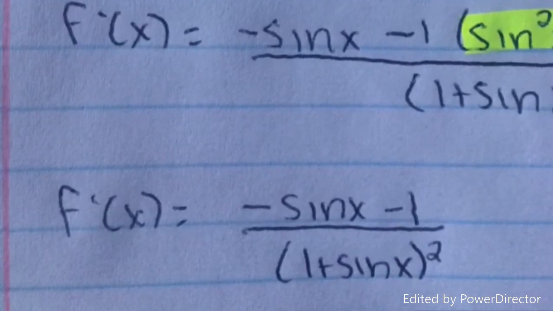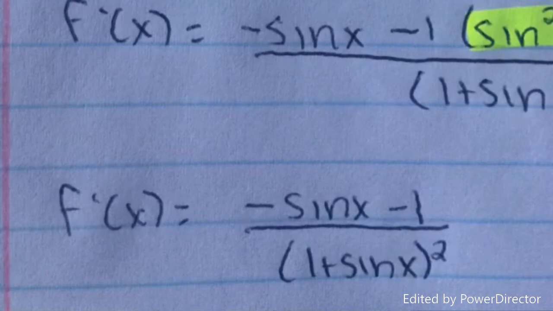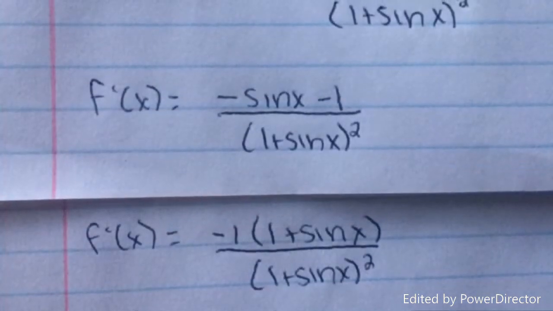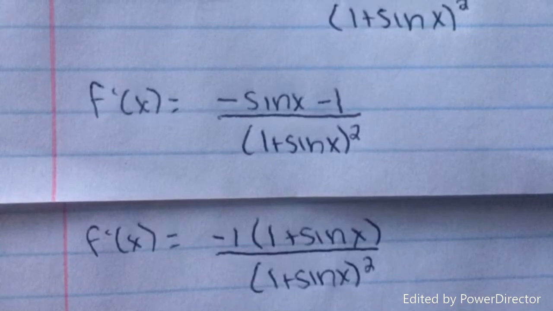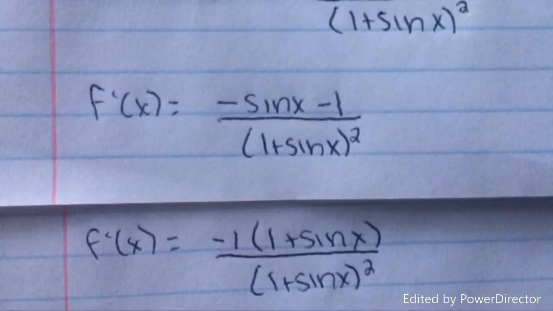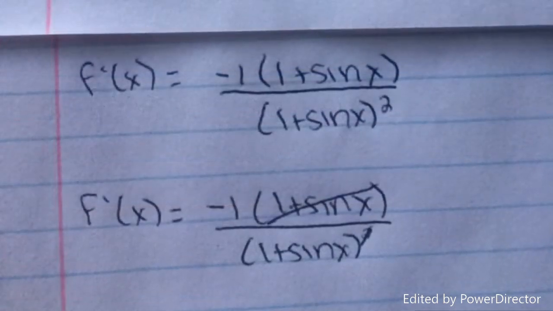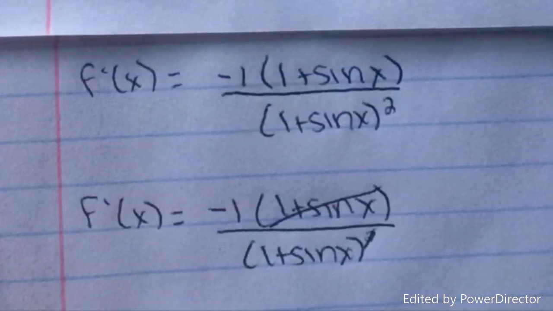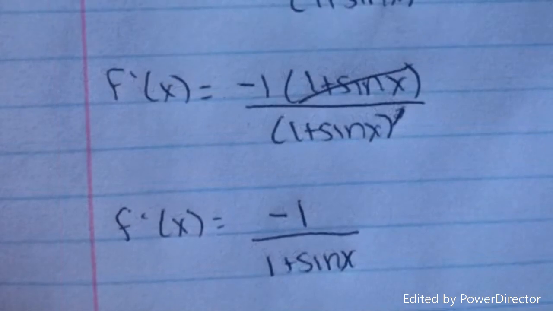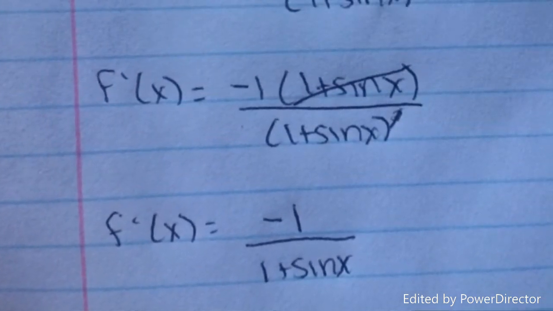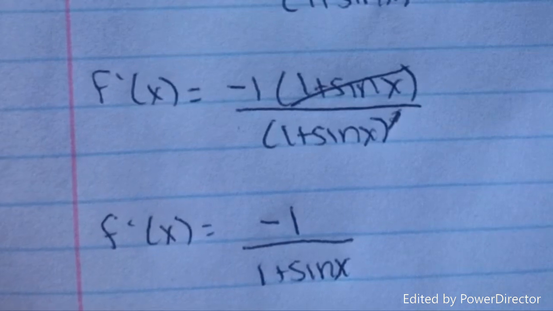So we're left with negative sine x minus 1 over 1 plus sine x squared. We can take out another negative 1, which leaves us with negative 1 times 1 plus sine x over 1 plus sine x squared. We can cross off the 1 plus sine x and cross off the squared on the bottom, so we're left with negative 1 over 1 plus sine x, which is the derivative of our function cosine of x over 1 plus sine x.